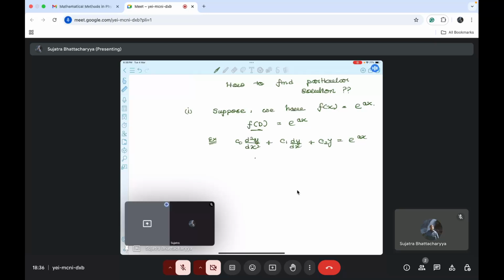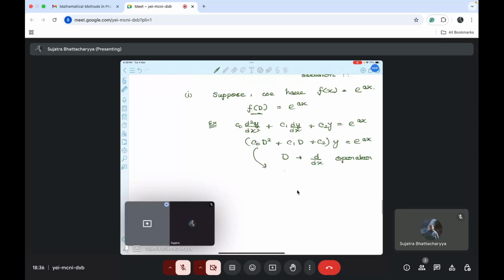Can we write this as (D squared plus c1 D plus c2) times y is equal to e to the power ax, where D is the differential operator d by dx? We are writing this part as f of D.